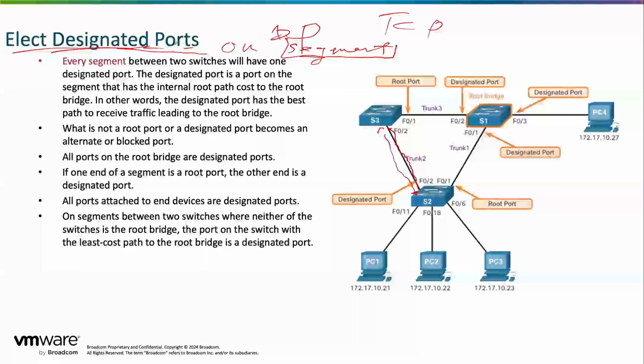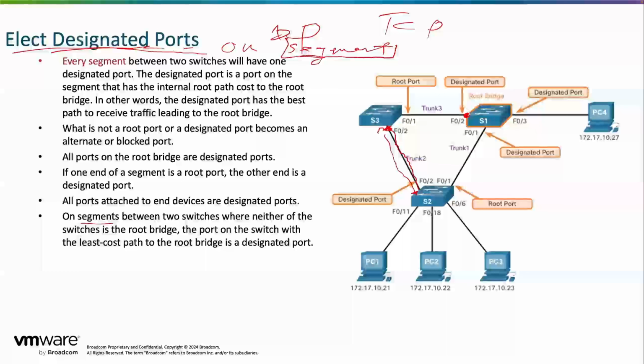So let's say for S1, how do we elect the designated port? For a specific segment, the designated port is the port that is closest to the root bridge. For example, for this segment, which one is closer?